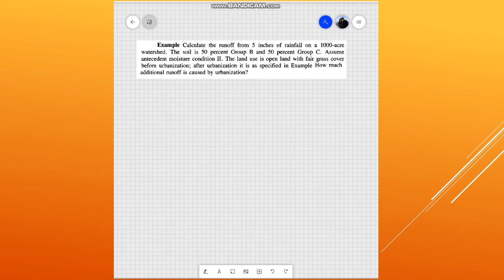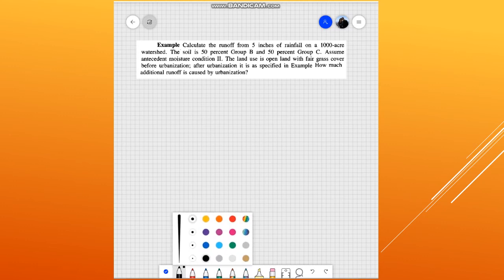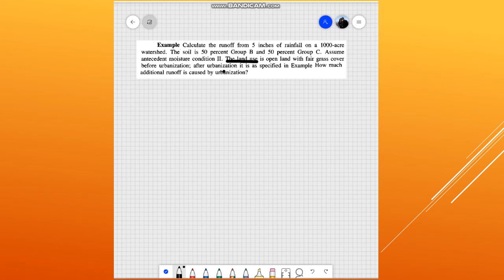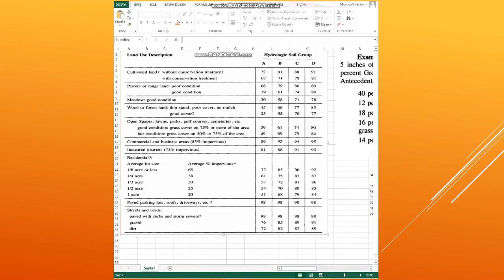Alright, in this question, we need to calculate the curve number again, because instead of the previous example, the land use is open land with fair grass, 50% group B and 50% group C. So let's go back to our previous question, the tabulated form of the hydrologic soil group.